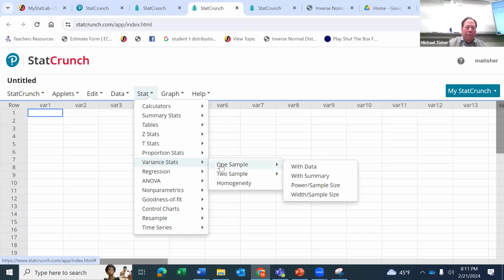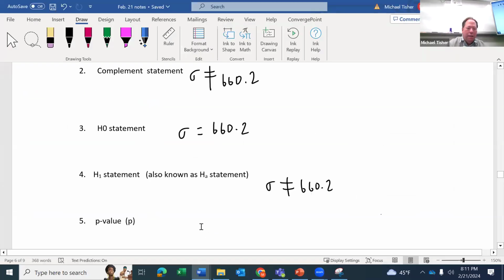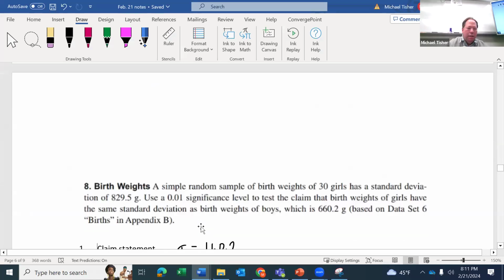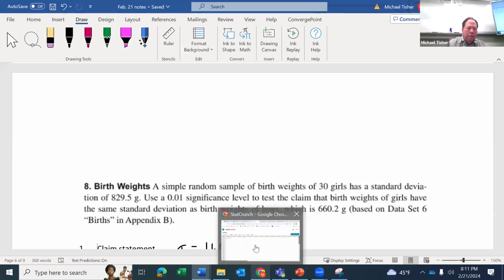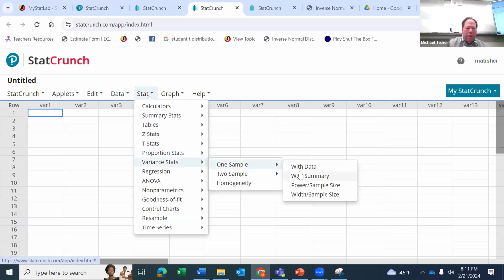And then one sample, and then let's see, should we choose with data or with summary? Well, the data is actually there, but we have a summary here, so that's good enough, okay? So we'll choose with summary. So variance stats, one sample with summary.